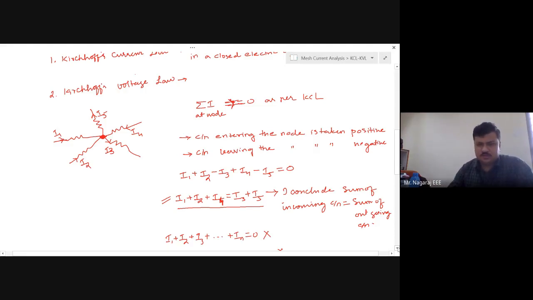So with this conclusion, we also got to know that at any node in a circuit to operate, there should be at least one incoming current and at least one outgoing current, with any number of branches present in that particular circuit.